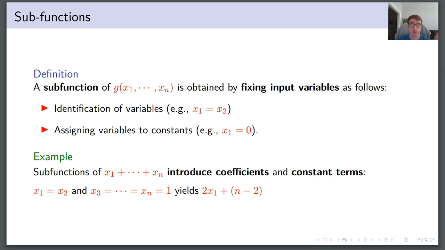For example, subfunctions of this sum of input variables introduce coefficients and add constant terms, as we just showed. Suppose we let x1 is equal to x2 and assign the rest of the variables equal to 1. This would transform the previous linear form into 2x1 plus n minus 2.